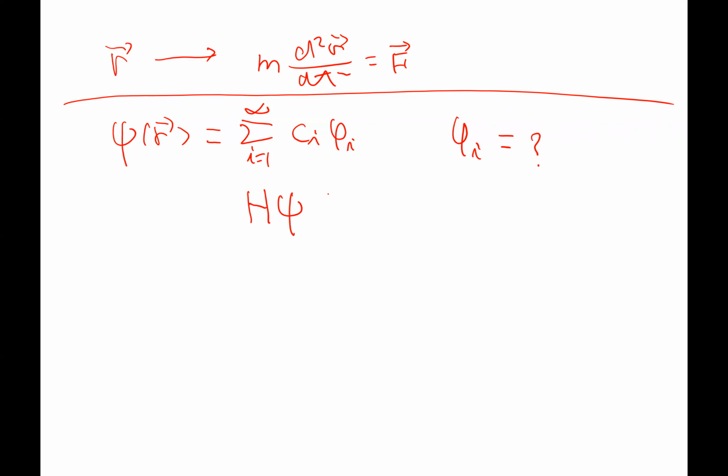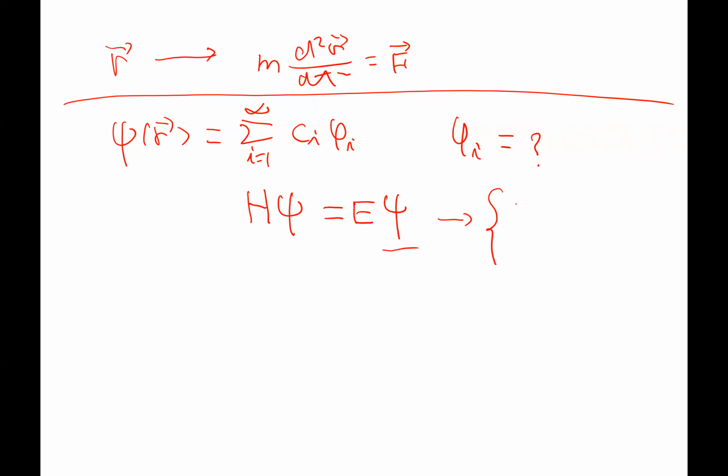And this wave function, if you can find a proper coordinate system such that H phi is equal to a constant multiplied by this wave function itself, then this phi will have many solutions. Okay, phi has many solutions.